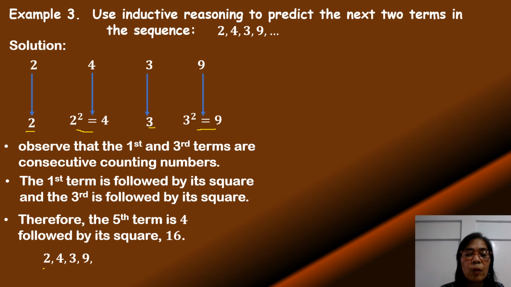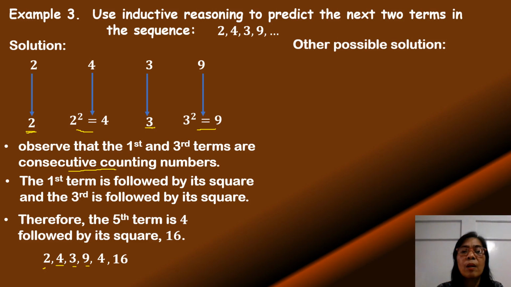So we have 2 followed by its square, 3 followed by its square. The next consecutive number is 4, and it is followed by its square, 16. That is if we consider 2 and 3 as consecutive counting numbers.